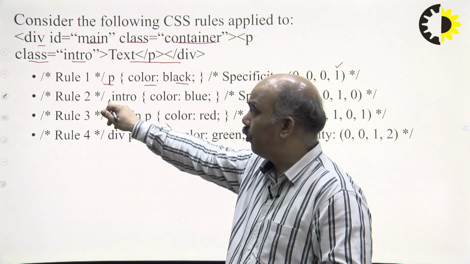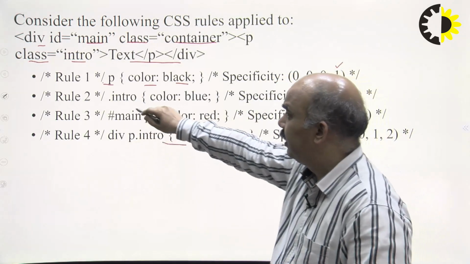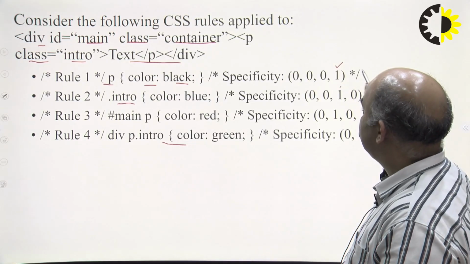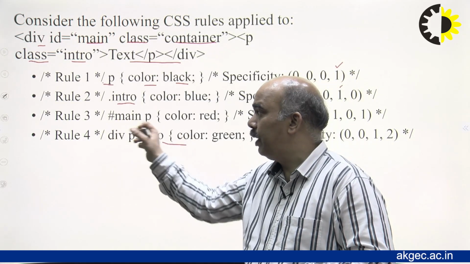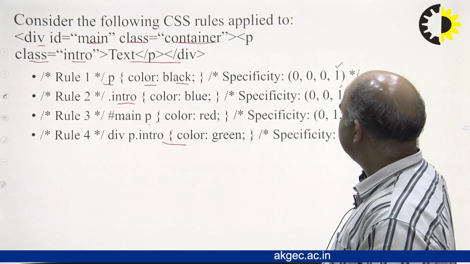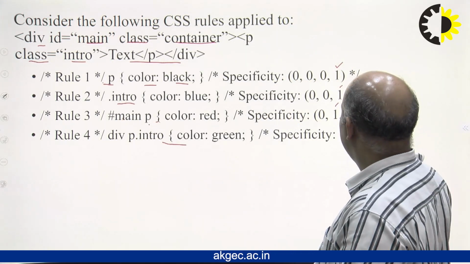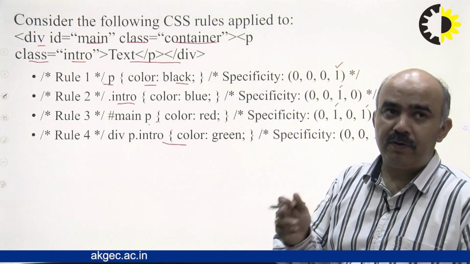Rule 2 says dot introduction, which is a class, the third location, so we place a 1 at the third location. Blue. Hash main P has 2 values, main and P. Main is at the second location and P is at the fourth location, so we write 0101.